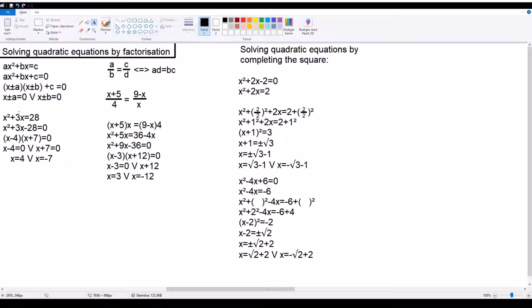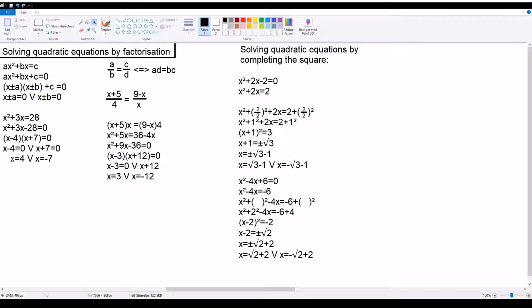Now for an example of this, you have x squared plus 3x equals 28. First you want to rearrange this into a normal quadratic equation, so you get x squared plus 3x minus 28 equals 0. Then you want to factorize this by splitting, so you get brackets x minus 4 and in brackets x plus 7, because plus 7 minus 4 equals 3, and negative 4 times 7 equals negative 28, equals 0.